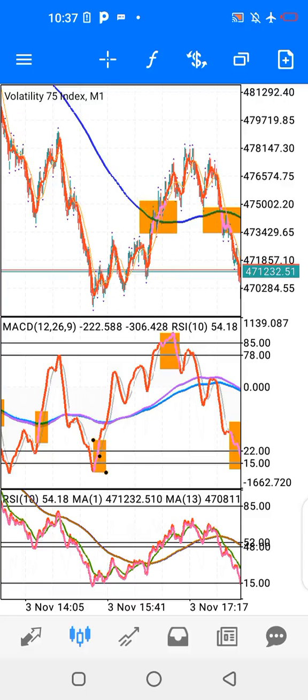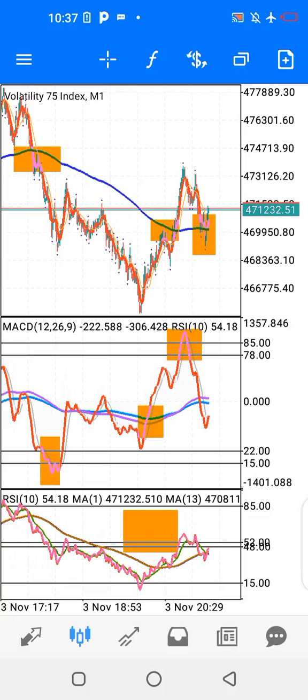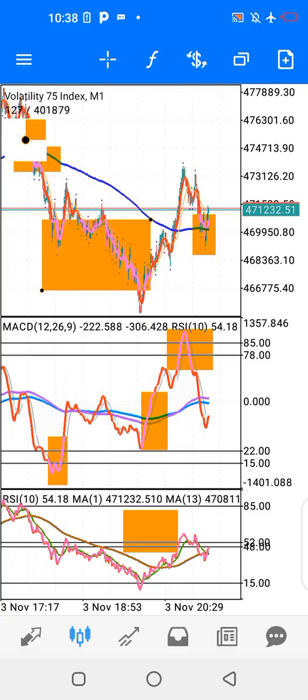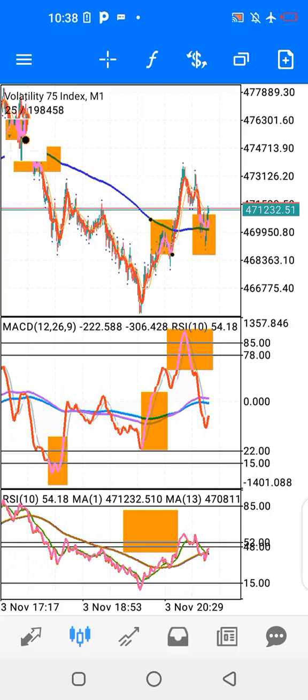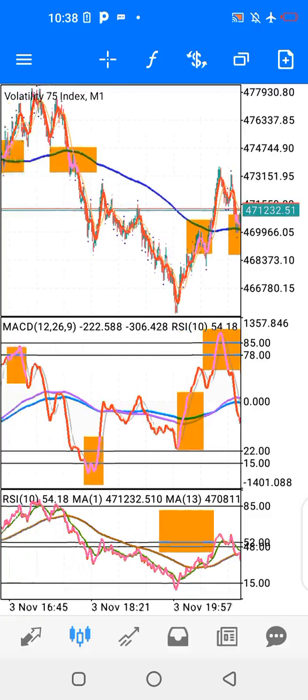All right, so on indicator window 1, you do not only consider the crossing of the red line on the blue and the purple line, you also consider the support and resistance levels created. Okay, and you let it synchronize with what is happening on the main chart. All right, so that's that for indicator window 1.